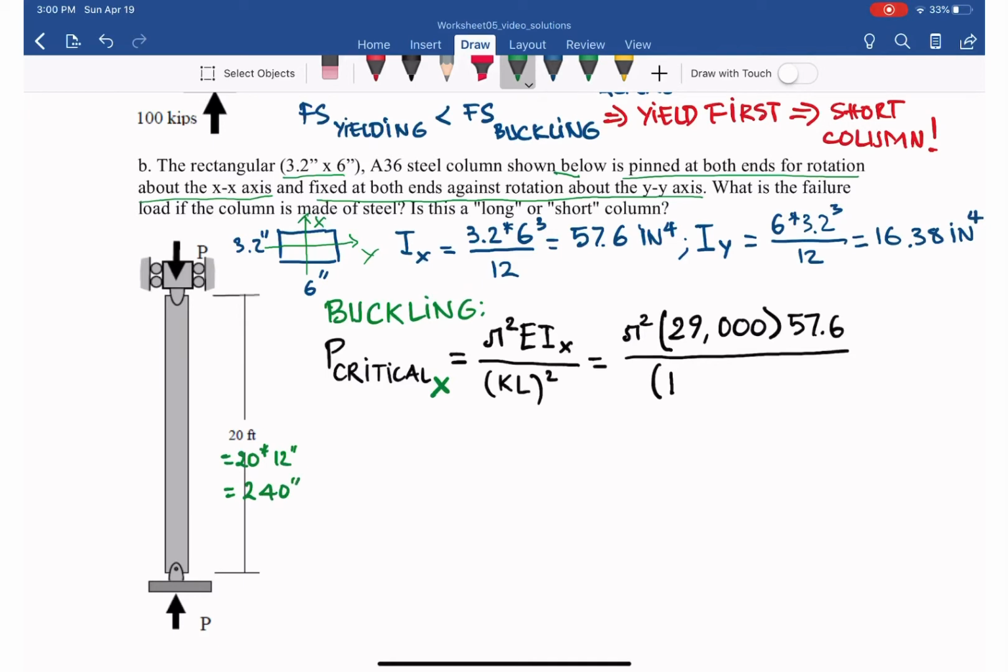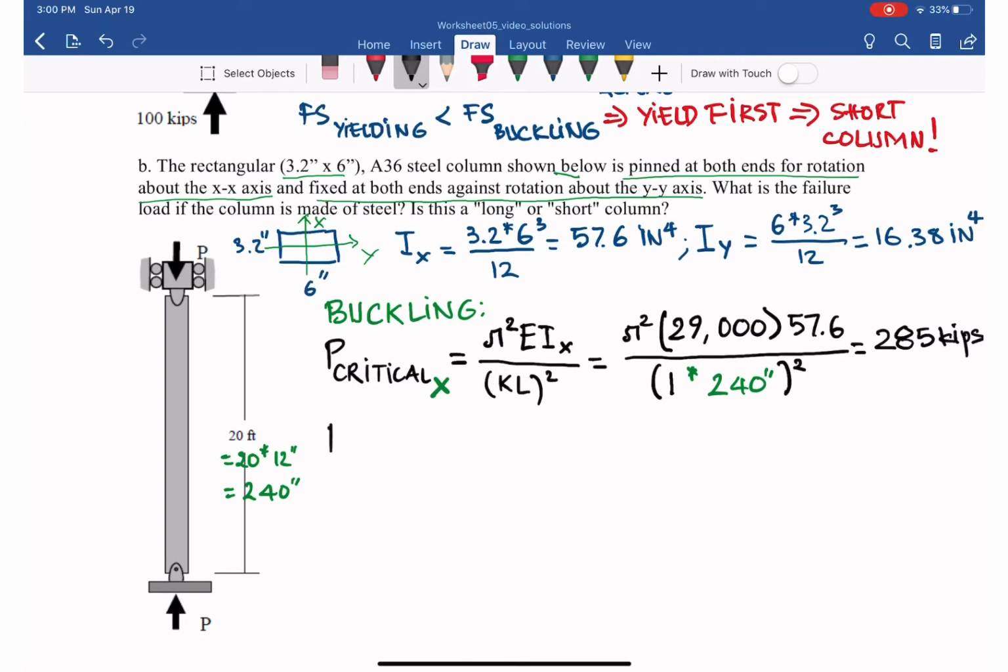Plug in 240 inches squared, and from that the critical load is 285 kips. What does that mean? In the x direction, the critical load to make it buckle about the x-axis is 285 kips.